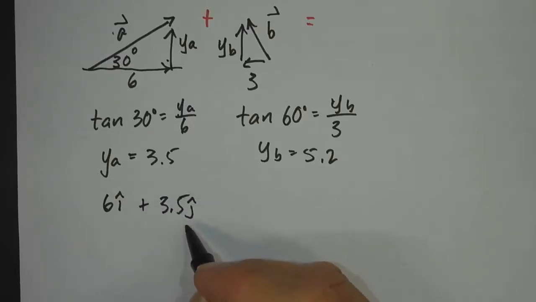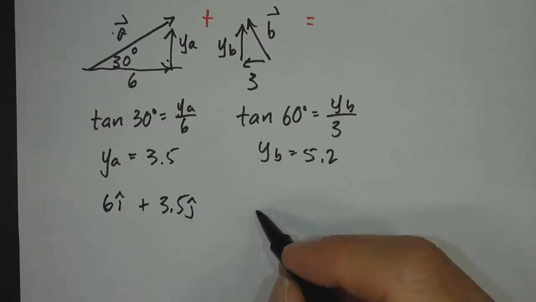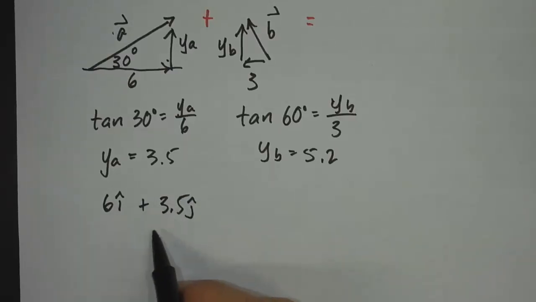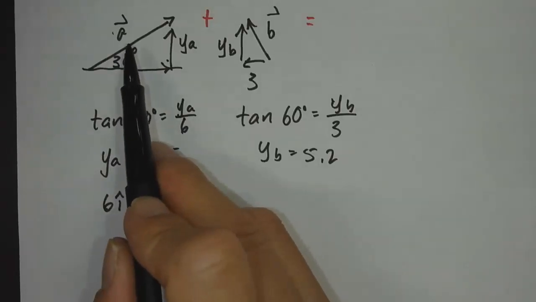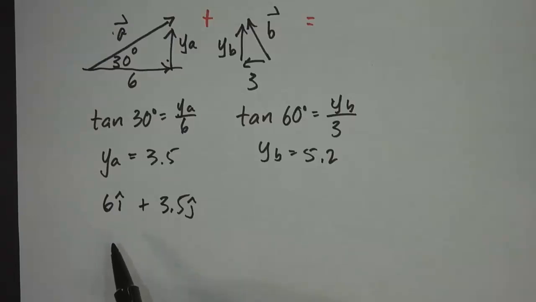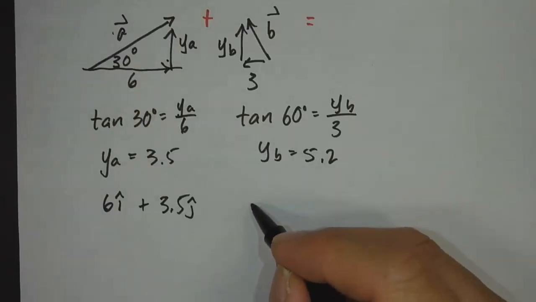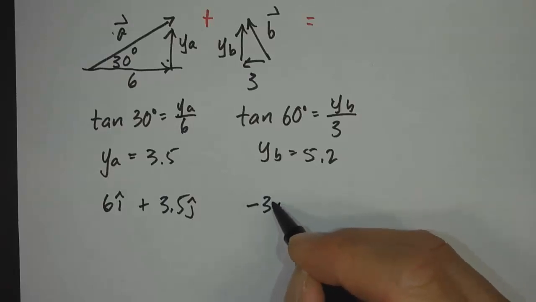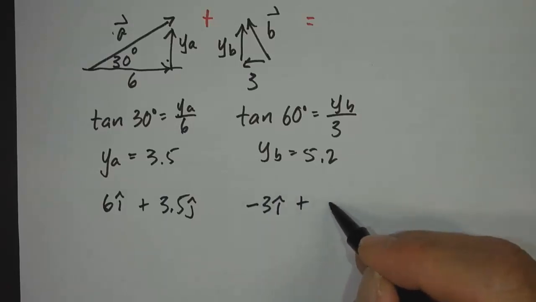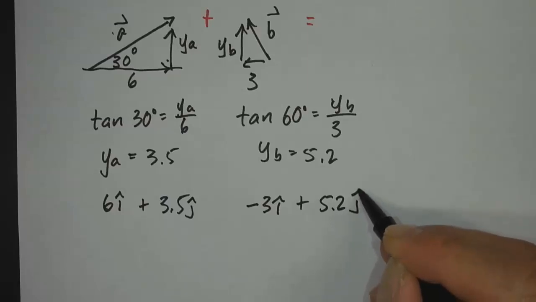Once again, this is a vector of length 1. So this gives you enough information to figure out vector A, what the quantity of vector A is. Vector B would be negative 3 i hat because it's in the negative direction, plus 5.2 j hat.